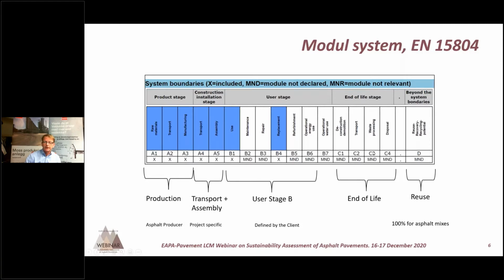So actually, as mentioned, it was very good to hear a lot of people talking about who has the responsibility for entering data. It's possible to enter all the data, but we, as a contractor, need the input from the client.